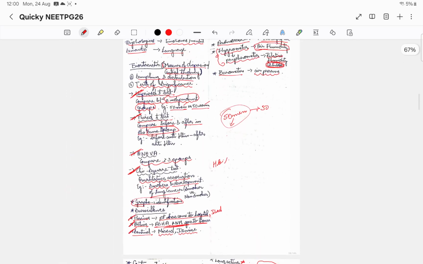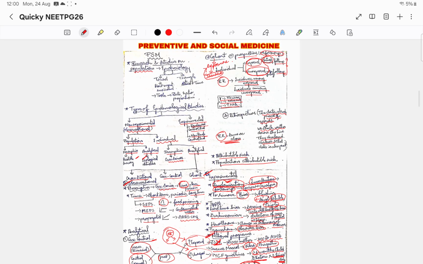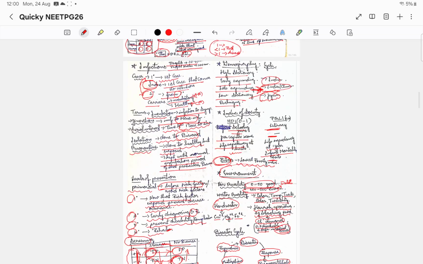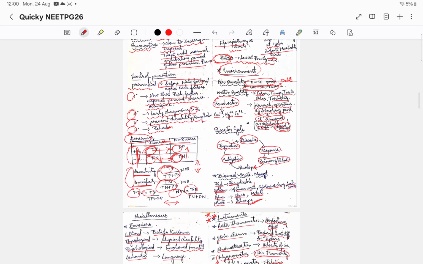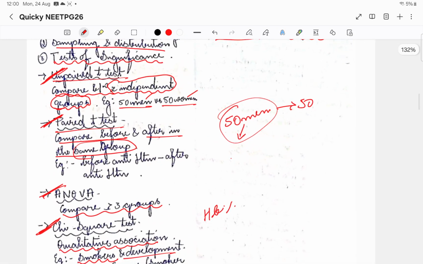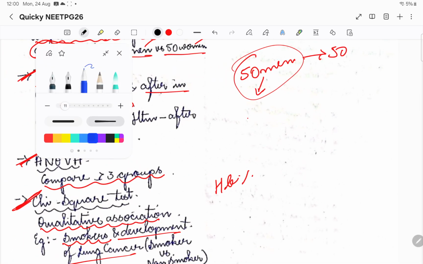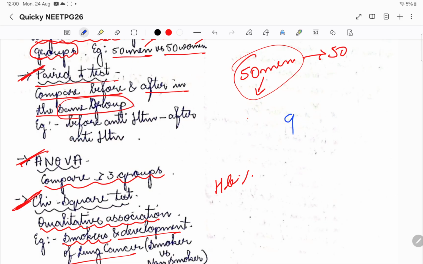This is all you need to know with regards to preventive and social medicine. There are a hundred other things in PSM that you can learn just by solving questions. This is how you can clear PSM. The main thing I want to tell you is that we have covered all the general topics.